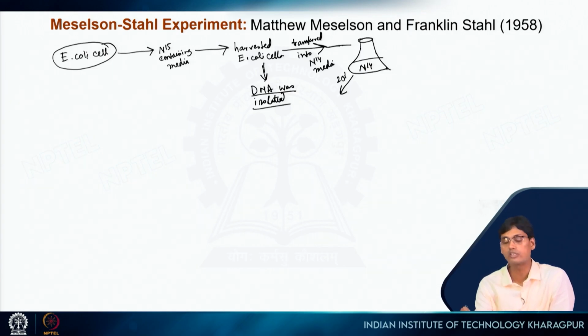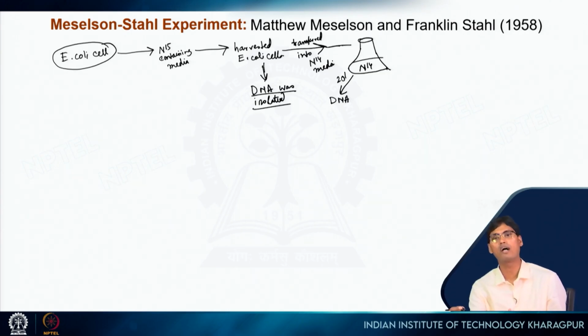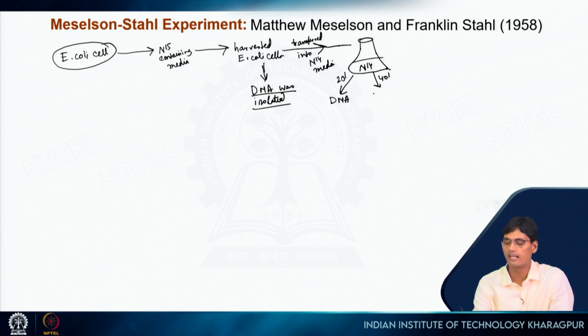Twenty minutes later, they took some cells and extracted DNA. Then still you have cells in the media, so again they took cells at 40 minutes and isolated DNA, and then another sample at 60 minutes, and they isolated DNA.